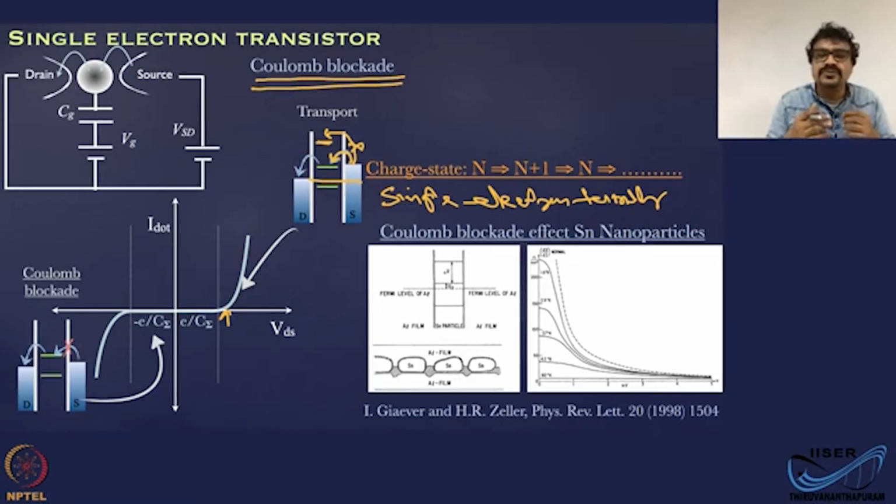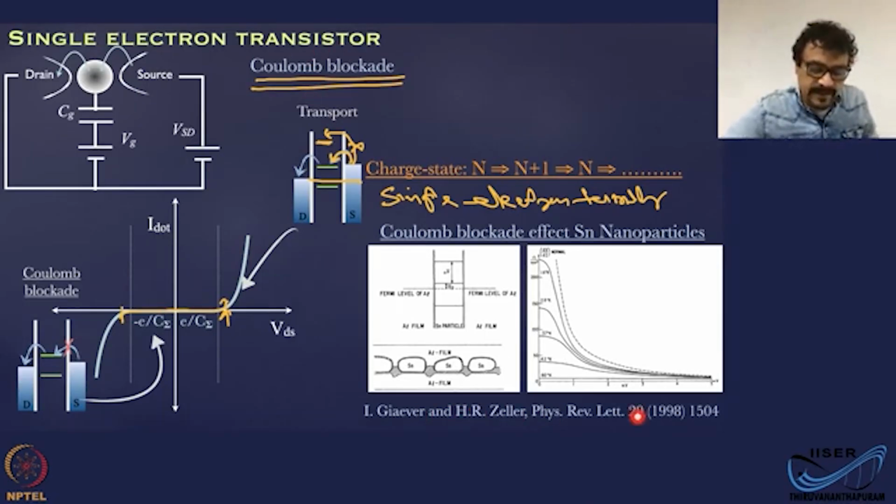So this is called a single electron transistor, because the transport happens sequentially, electron by electron, one after the other. And this effect of not having current flowing through when the voltage is low is called Coulomb blockade.